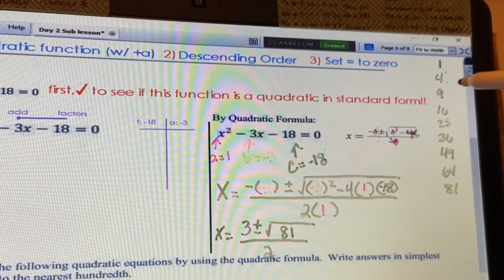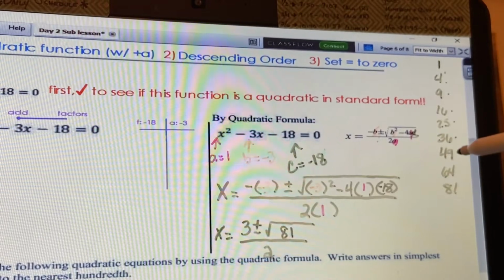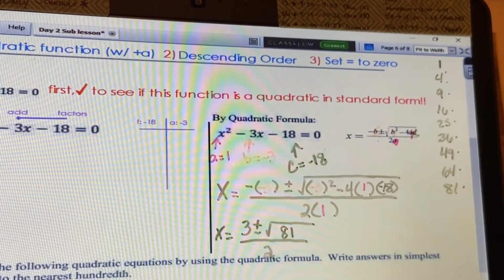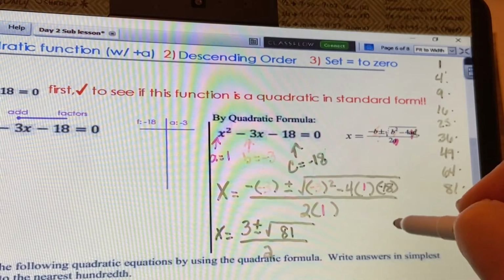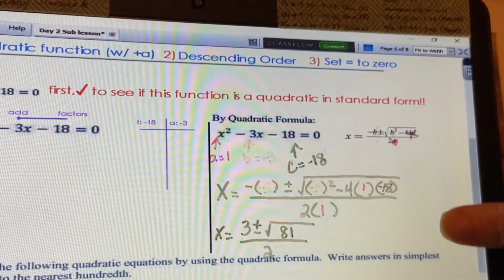It's the 1, 2, 3, 4, 5, 6, 7, 8, 9th number down if you didn't know that already. So the square root of 81 will be 9.